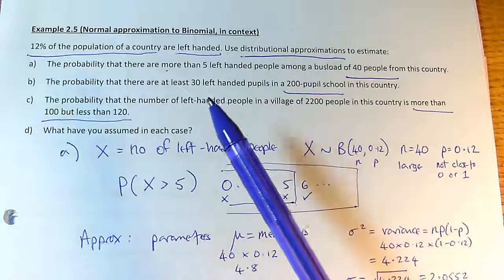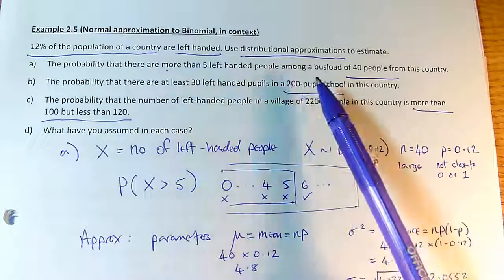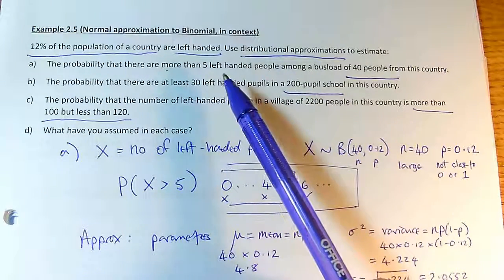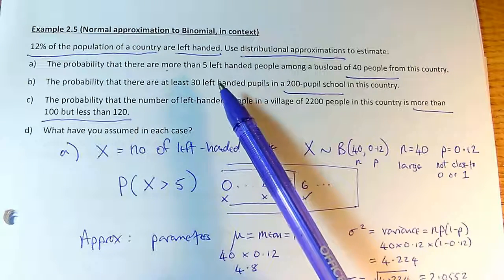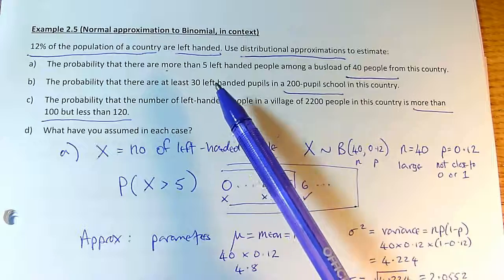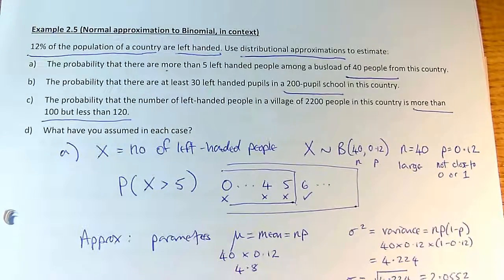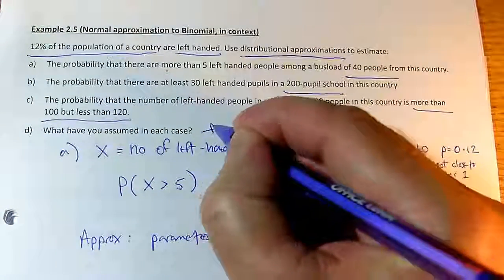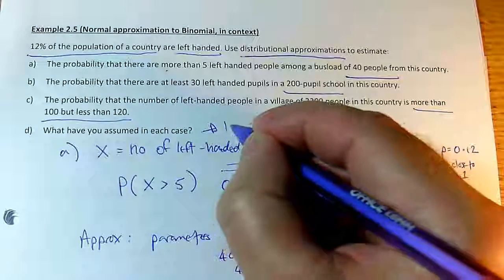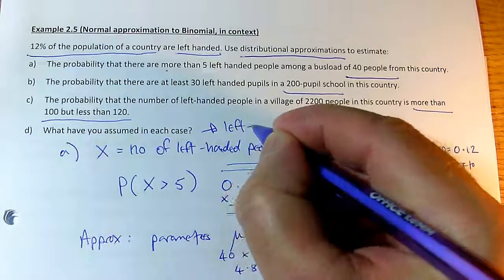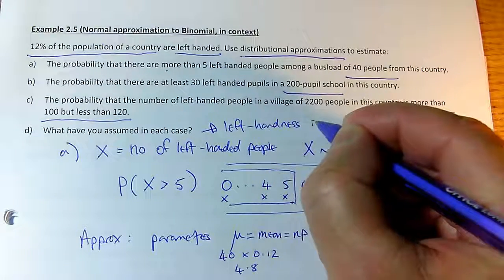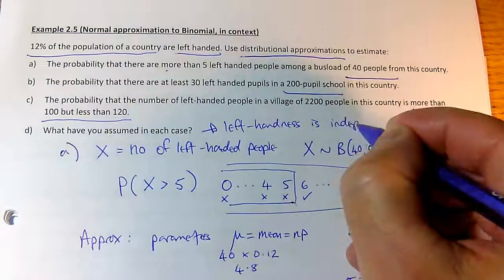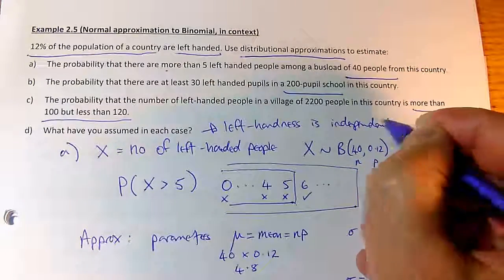I have to assume that in this particular busload of people, the chance of one person being left-handed is not related to the chance of someone else being left-handed, which might or might not be true, but I've had to assume it. So in each case, I've had to assume that left-handedness is independent from one person to the next.